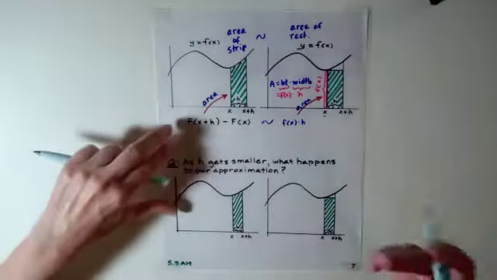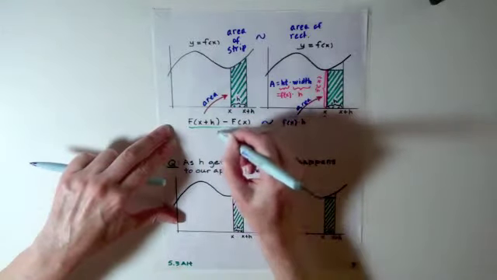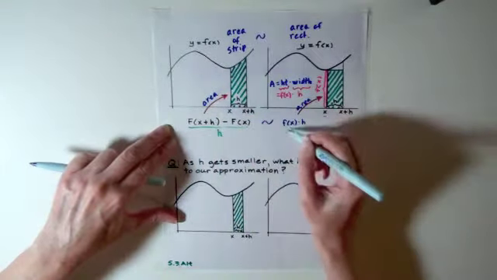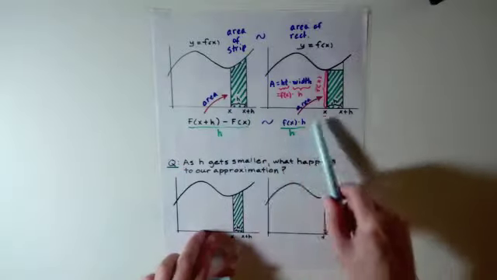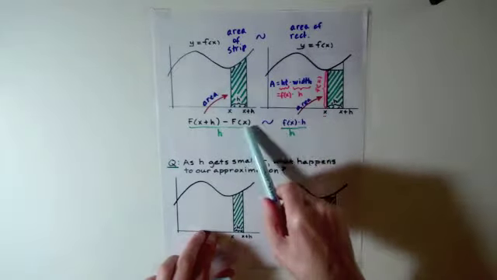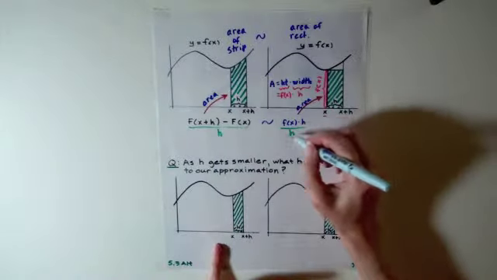Well, if the left side of this line is approximately the same as the right side, then if I were to divide the left side by h, that should be approximately the same as if I divide the right side by h. So the left side divided by h should be approximately equal to the right side divided by h. And you notice on the right side that I have an h over h.